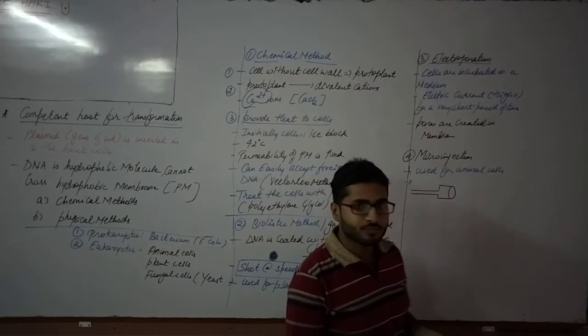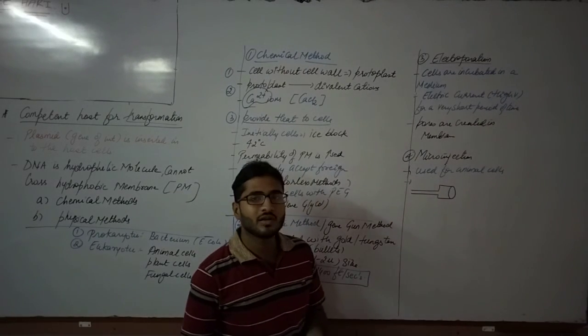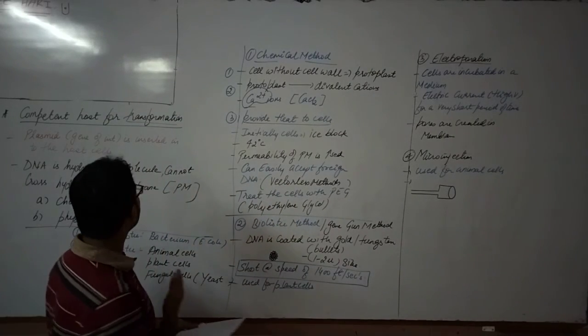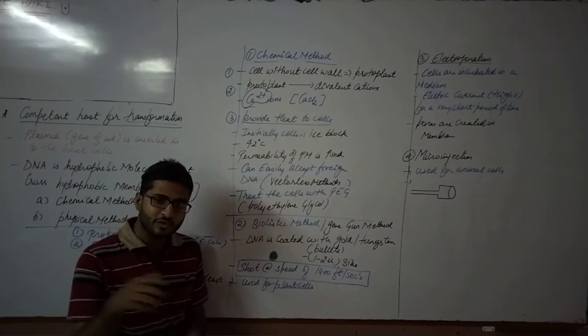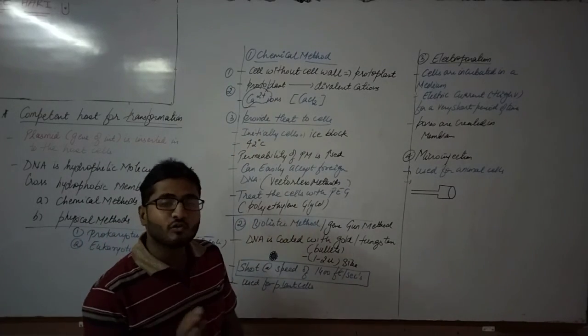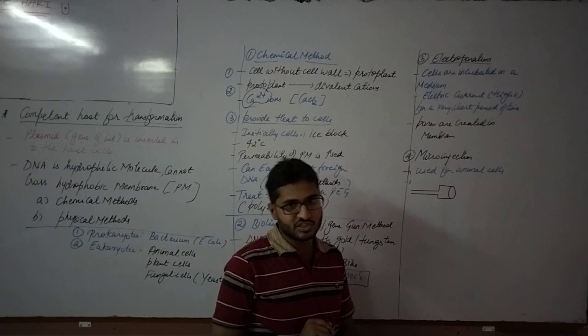It is tricky also, but it is widely used for animal cells. So this is all about how to make the host cell competent to take up the DNA, and all these are various vectorless methods for gene transfer.